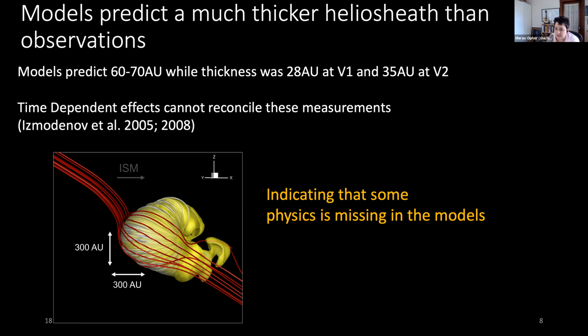So something is thinning the sheath. And there are lots of ideas. Maybe we forgot to include conductivity in our models. Maybe we forgot to include reconnection. There is something that is extracting energy from this sheath. And in maybe a bigger way to think about it, non-ideal effects are playing a dominant role in the heliosheath, and we can measure it.